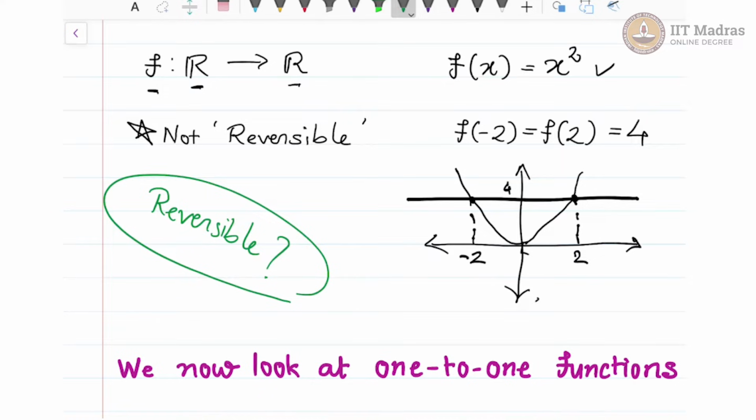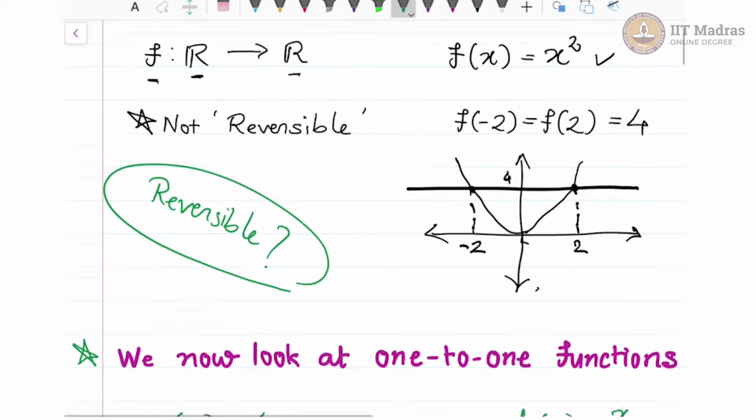Any function that is either increasing or decreasing is one-to-one, and therefore we can look at one-to-one functions for the class of reversible functions. So here is our answer, we will start by looking at the class of one-to-one functions.